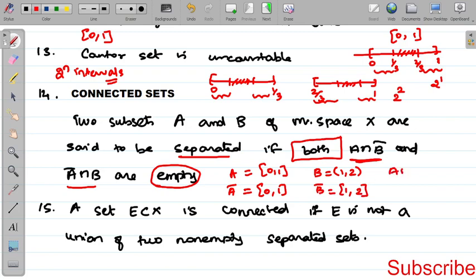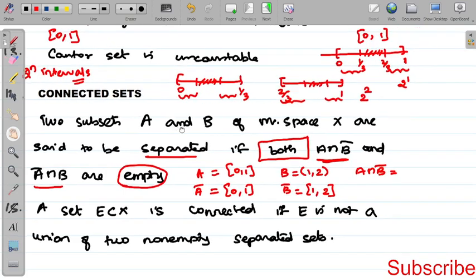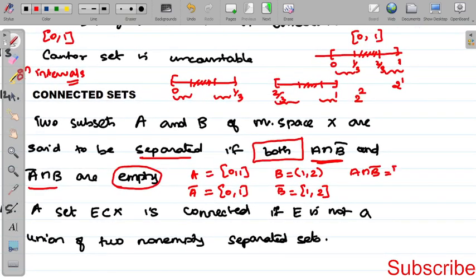Now we check A intersection B bar, which is [0, 1] intersection [1, 2], and the intersection is {1}. Now the other condition, A bar intersection B: A bar is [0, 1], intersection B, which is (1, 2), is empty.